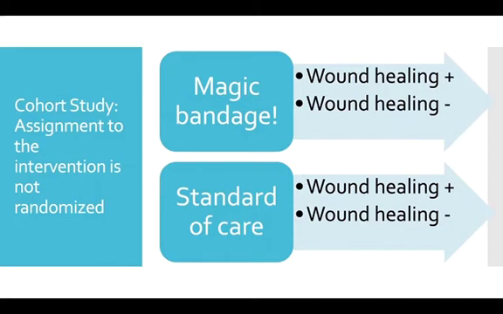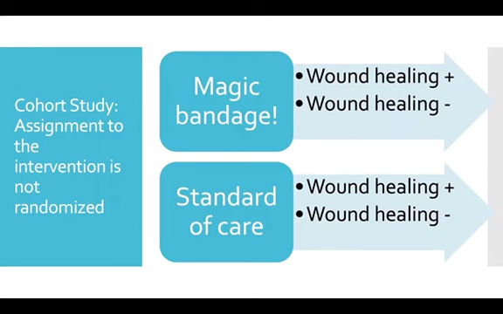So if I were conducting this study, I could take the first 10 patients who walked into my clinic and assign them to Magic Bandage, whereas the next 10 patients could be assigned to standard of care. The problem is that the first 10 patients, just out of coincidence or randomness, might actually have wounds that are much more severe than the next 10 patients who come into clinic. And that might impact how much healing we see at the designated endpoint.